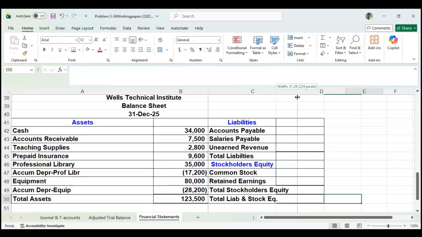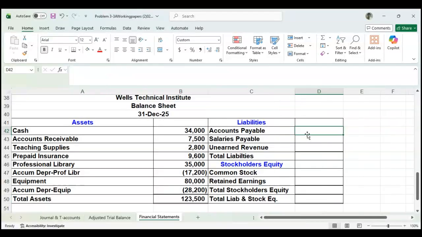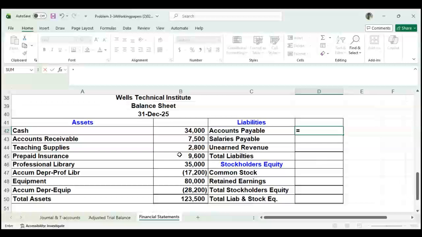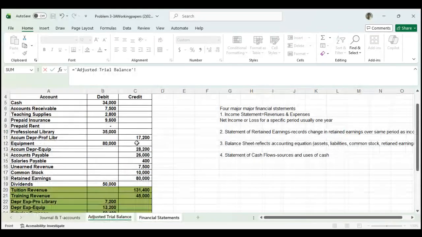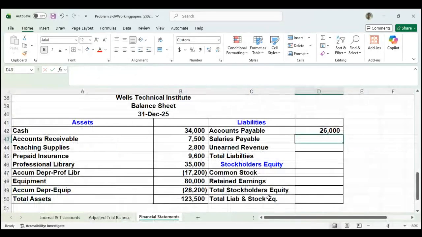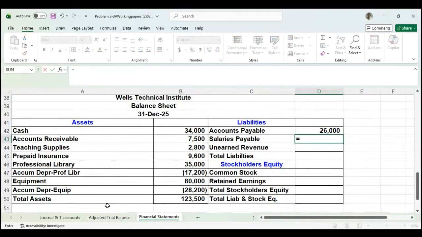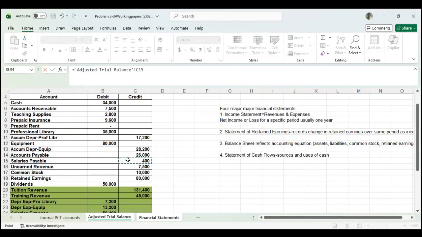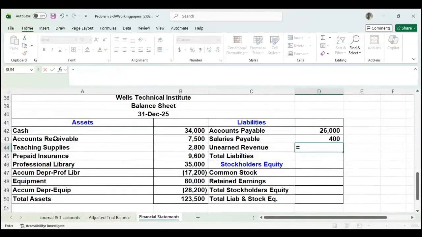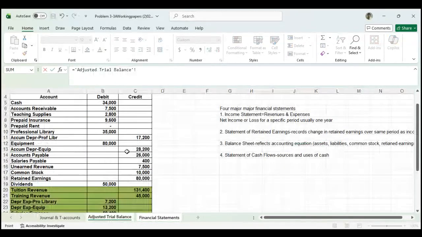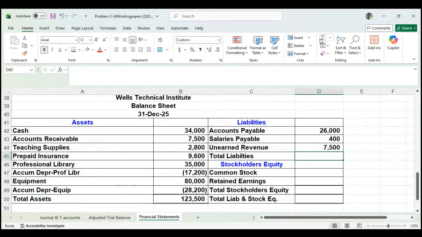Okay. All right. So our accounts payable, again, we can kind of go back to the adjusted trial balance. And that was $26,000. Salaries payable was $400, if I recall. And then unearned revenue was $7,500. Right? So our total liabilities are $33,900.